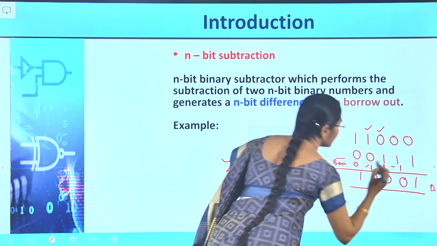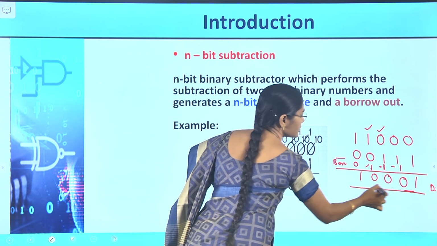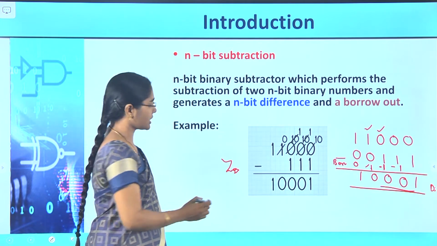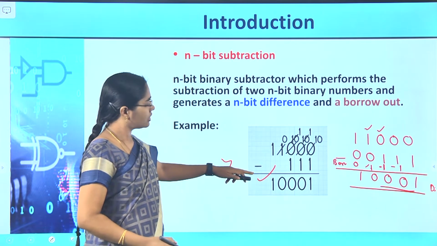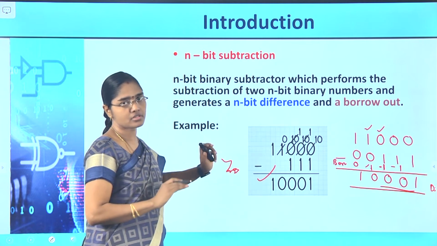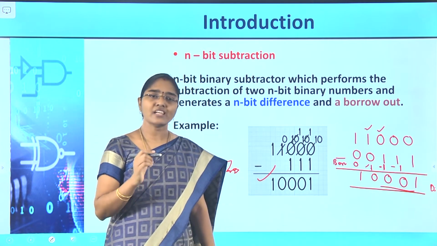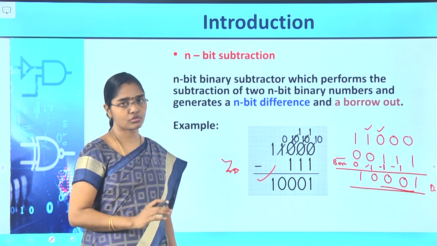So finally the answer is 1001 as the difference, which is the same output as the subtraction using the normal procedure. So we can do n bit subtraction using our single bit subtraction rules also.